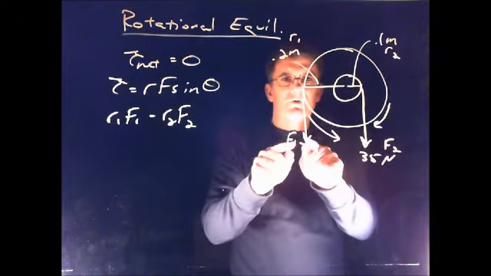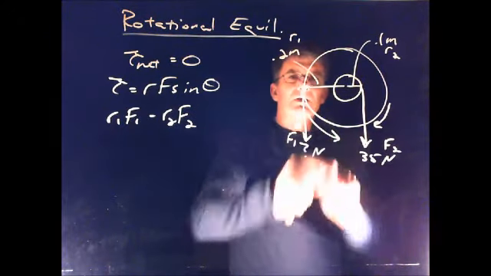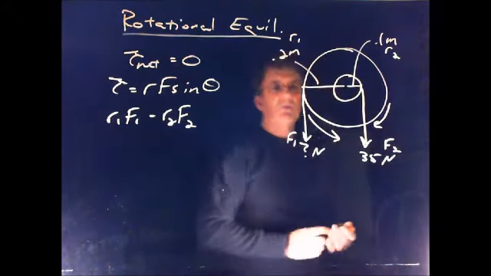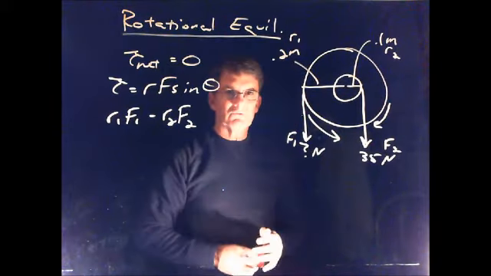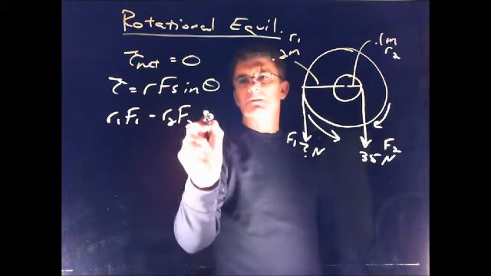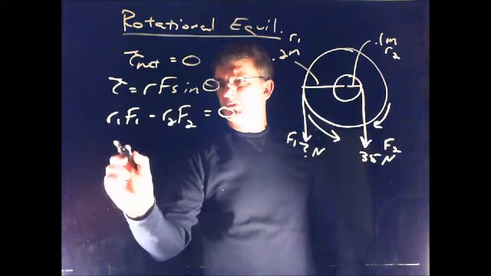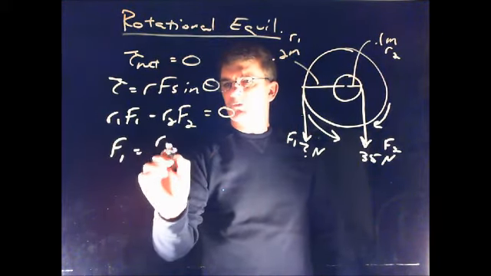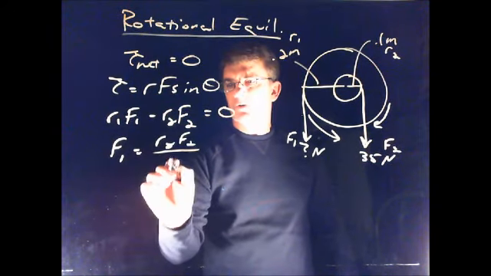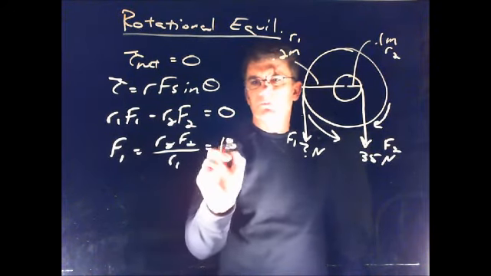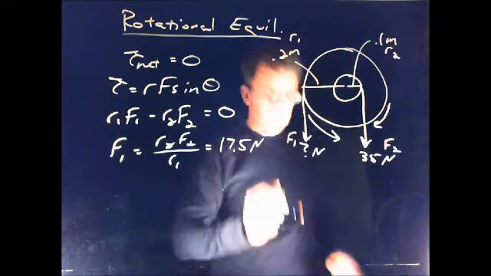If F1 is by itself, it's going to cause a counterclockwise rotation. That's how I determine the signs. This is equal to 0. And so we can solve this pretty quick. F1 is R2 F2 over R1. You plug in the numbers, you get 17.5 newtons.